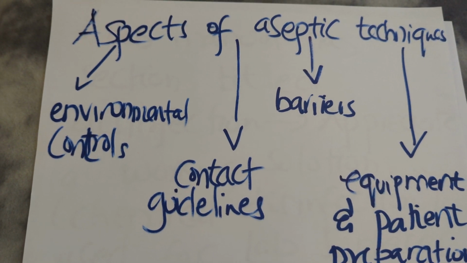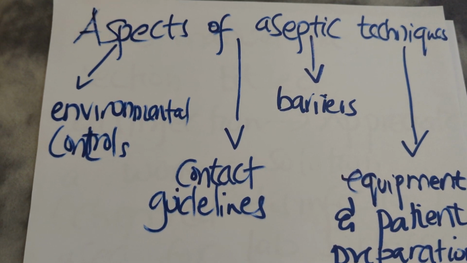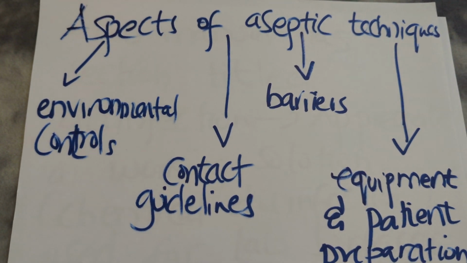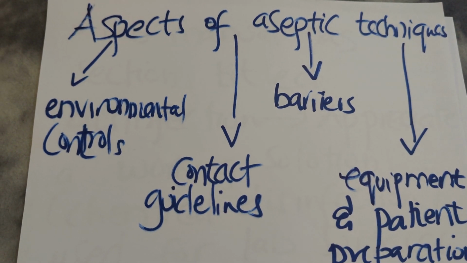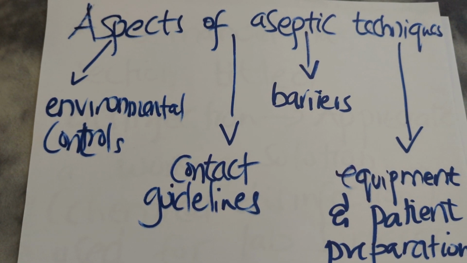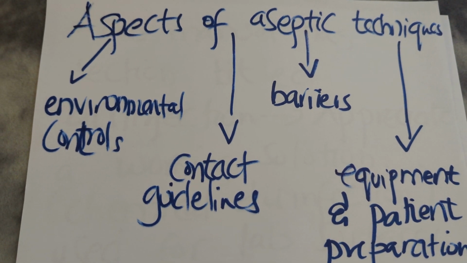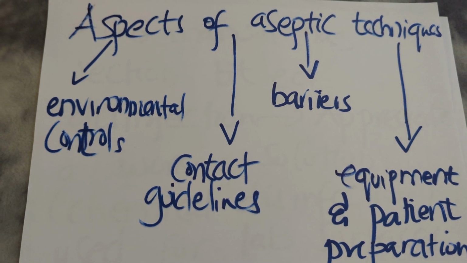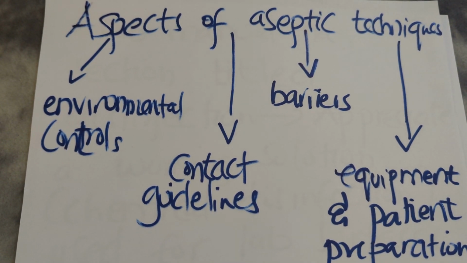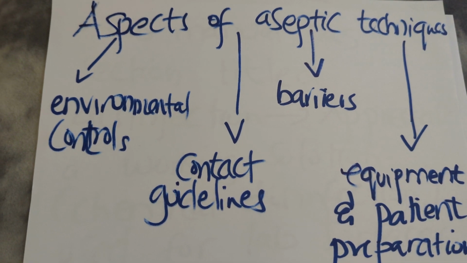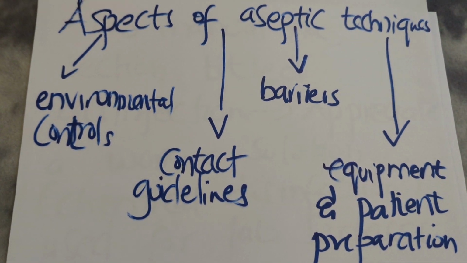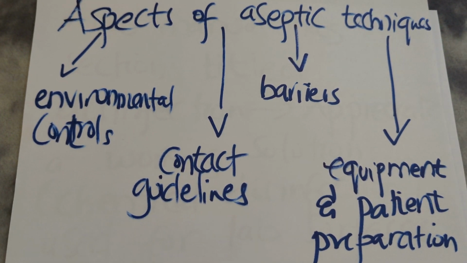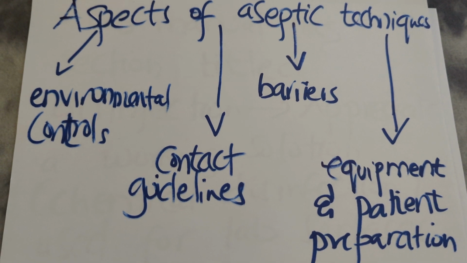And then environmental control is, as it literally says, controlling the environment. An example is the surgical room, a protected environment where only allowed personnel can enter. And that personnel is already trying to minimize transmission by making sure they have washed their hands, scrubbed down and so on.